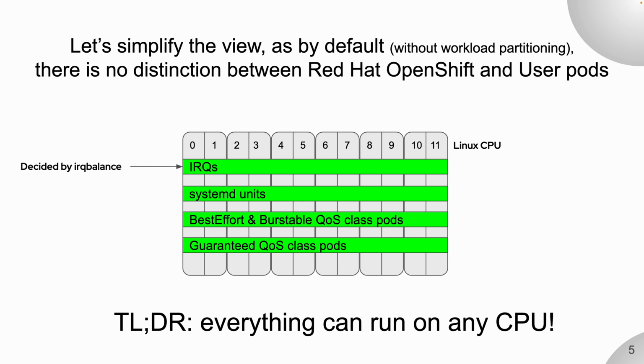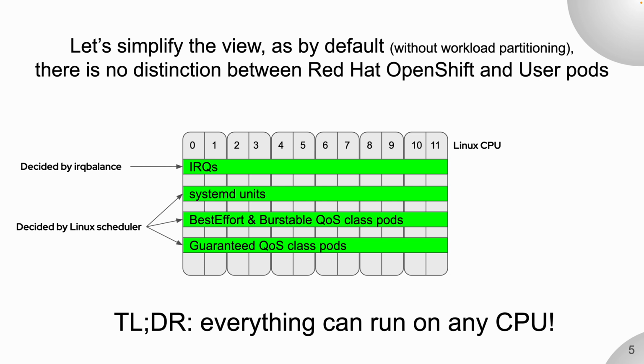Let's say the interrupt from my NIC is very busy, and I've got a second NIC which is also busy. IRQ balance will make sure that these two IRQs do not hit CPU 0, but is going to put one busy interrupt on CPU 0, for instance, and another busy interrupt on CPU 2. It has its own spreading algorithm, but the key takeaway is IRQs are spread as equally as possible on all CPUs. And then you have systemd units and all of the pods.